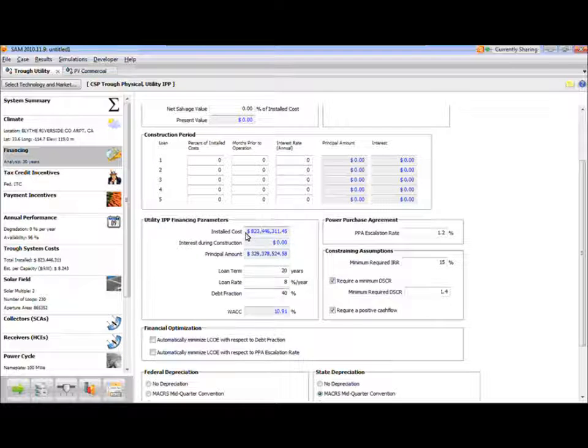This installed cost comes from the cost system cost page. And then if I were to specify costs during the construction period, SAM would add the interest during that construction period to the install cost to calculate the principal amount. So that's how the construction period costs affect your project costs.